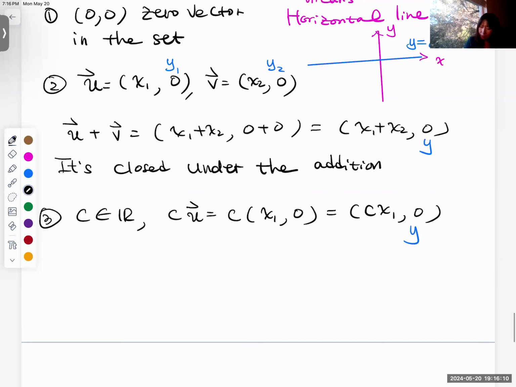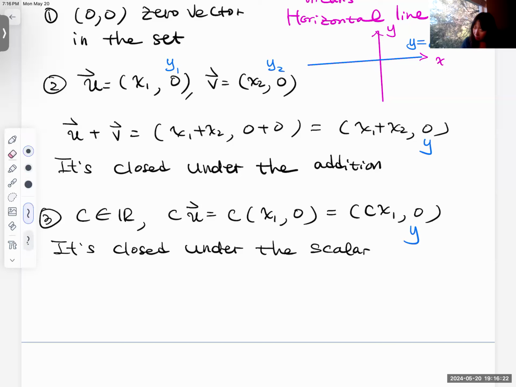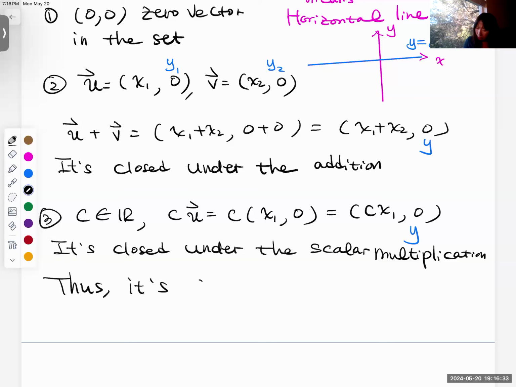So this is also closed under the scalar multiplication. So thus it's a subspace of R2. Okay, now your turn.